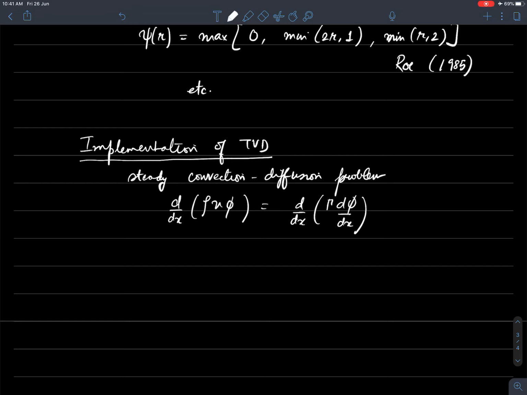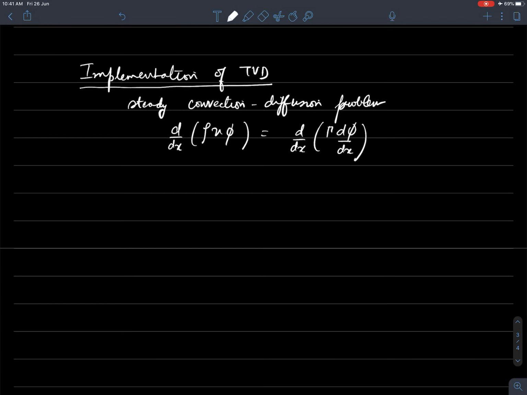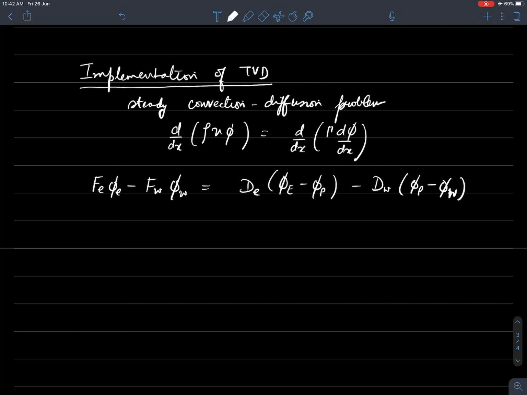Now we can integrate this equation on the domain. If we integrate, we'll get Fe phi e minus Fw phi w equals De times phi E minus phi P, minus Dw times phi P minus phi W.